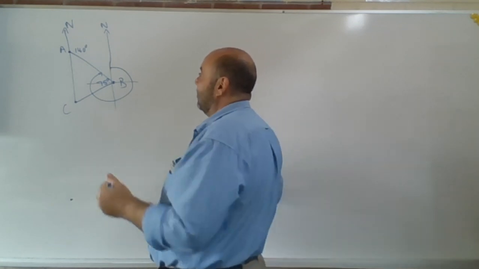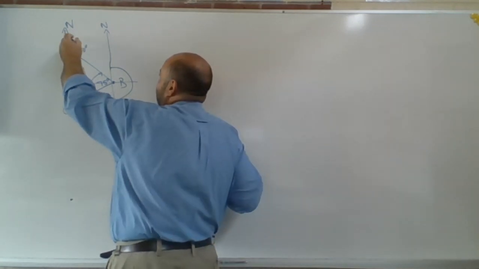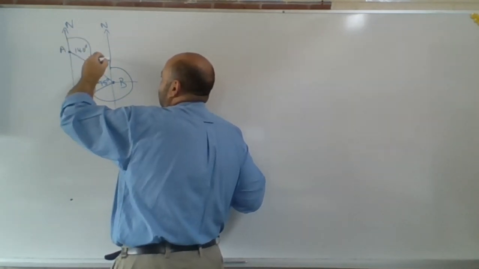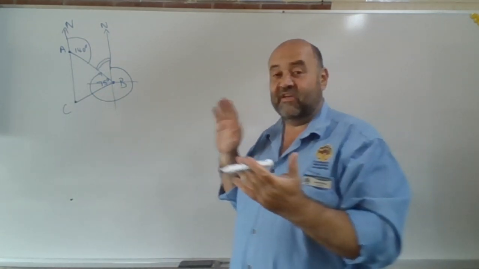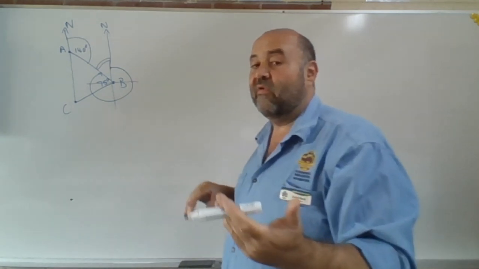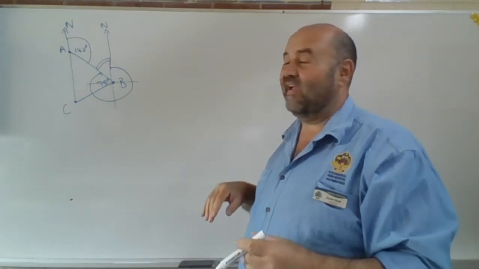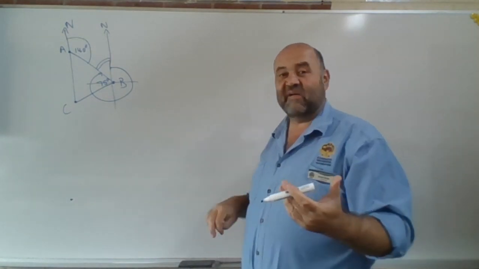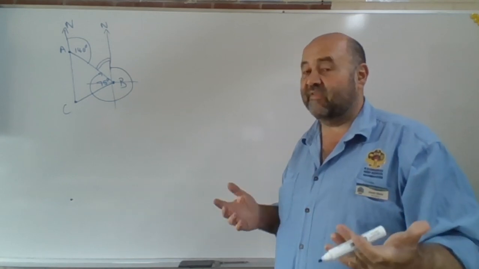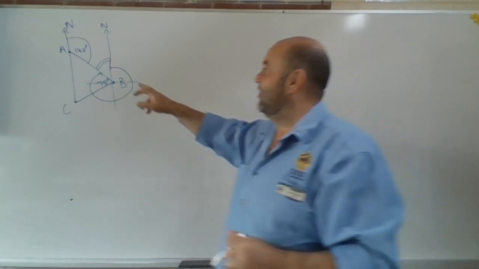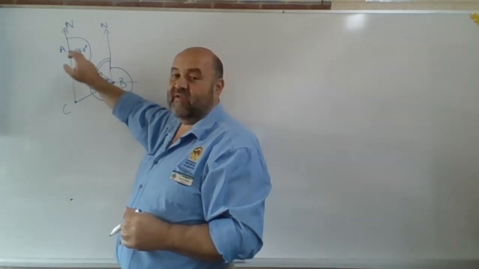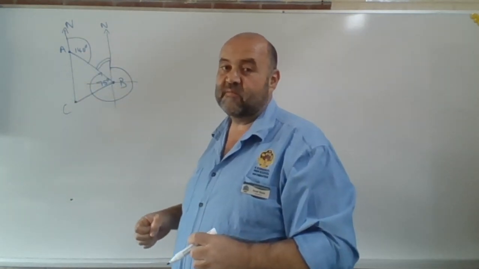Given that they're parallel, the angles here have a particular relationship between them. They're actually co-interior angles. Remember, co-interior angles are supplementary. Do you remember what supplementary means? Supplementary means they add up to 180. So this angle in here and this angle here add up to 180 degrees.